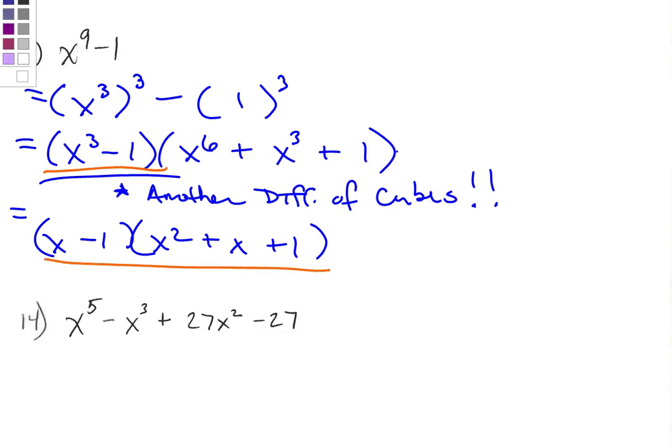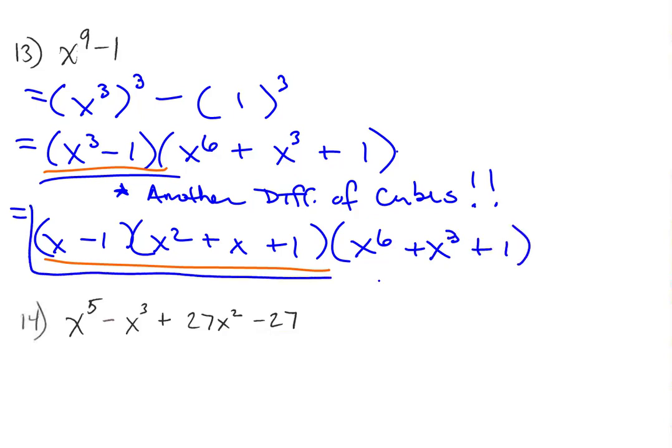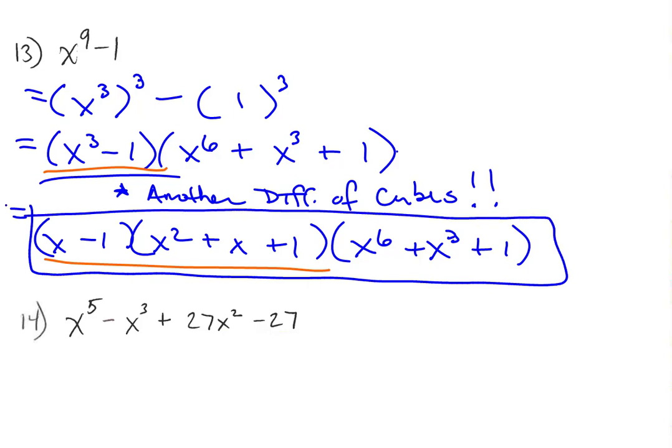There's another difference of cubes, but then we have to copy down the original trinomial we had ended up with there previously. So x to the 6th plus x cubed plus 1. So ultimately, our final answer has these three different polynomial factors to it: x minus 1, then x squared plus x plus 1, then x to the 6th plus x cubed plus 1.